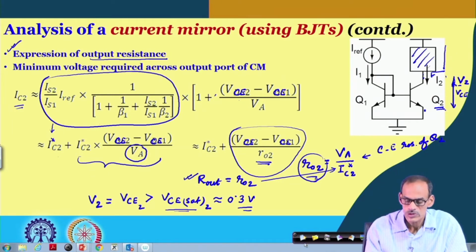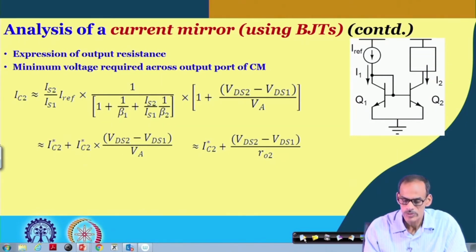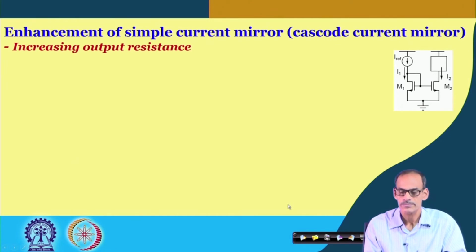Now, for both the current mirrors, as I said, there are non-ideality factors, and let us try to see how those factors can be reduced or how we can enhance the circuit performance.